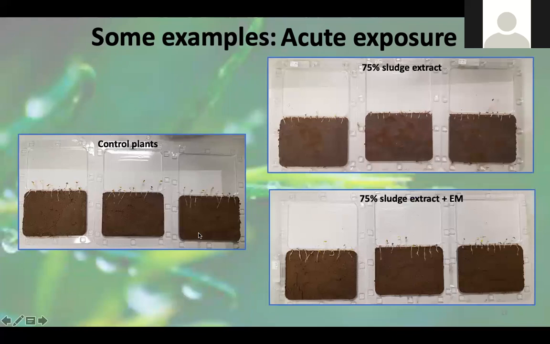Here we have the same exposure, but with a higher concentration of sludge. And as you can see, the effective microorganisms have worked very well in helping the plant to grow and develop.